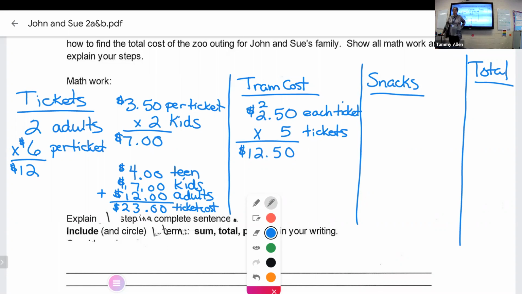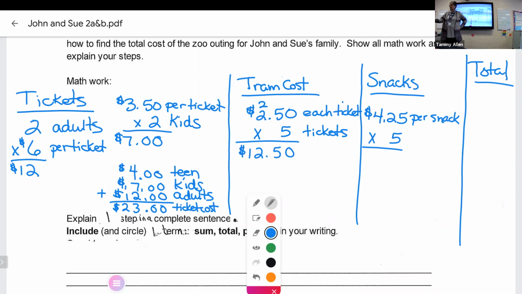How are we going to figure the cost of the snacks? $4.25. The $4.25 is how much does that cost per person? So per snack? Somebody else tell me what the 5 is.